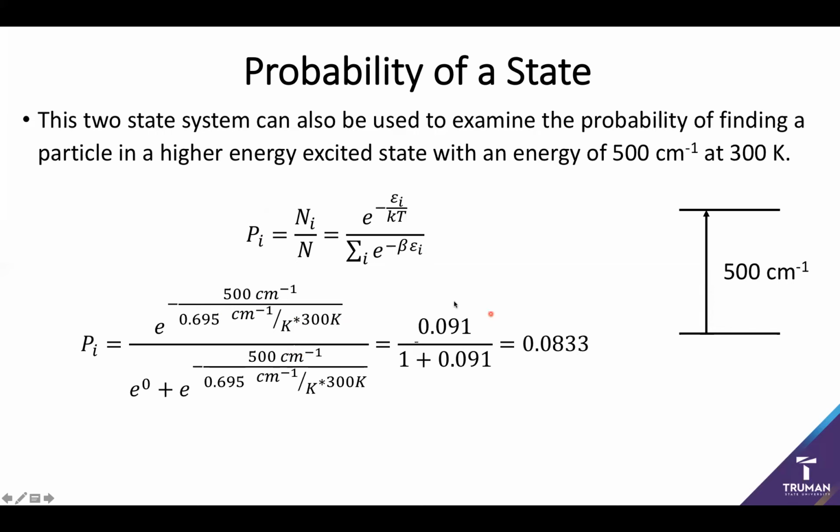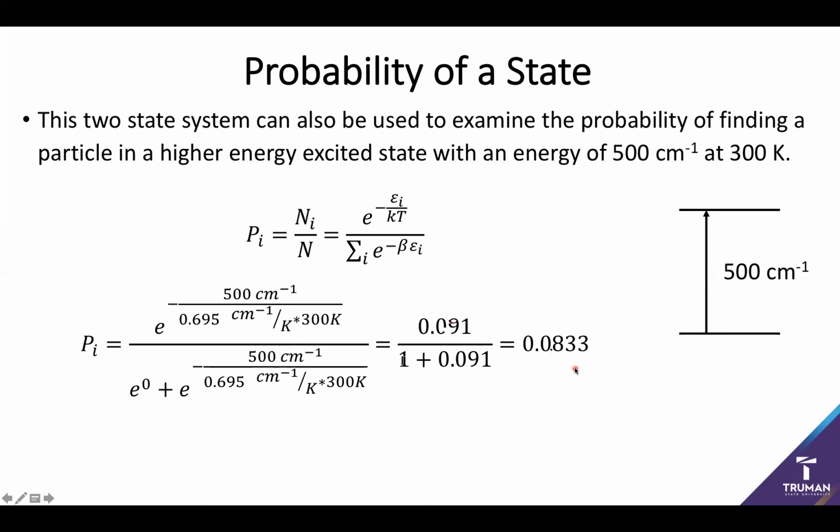My numerator is still 0.091. And similarly, that 0.091 also shows up as part of the partition function in the denominator. This gives me again that 0.08 probability, or 8%.